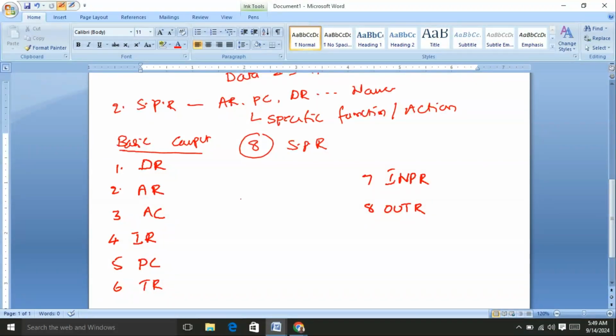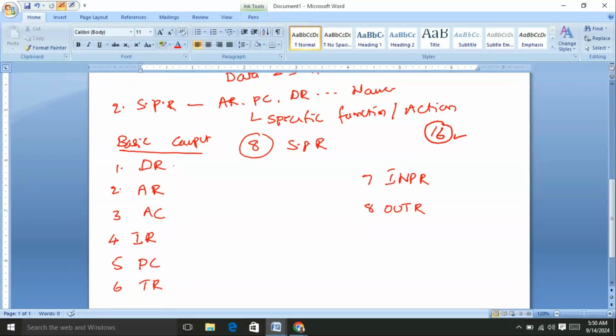Friends, each and every register performs a specific action, and the size or length of the registers are entirely different from each other based on their functionality. Suppose the basic size of the register is 16 bits, as we already discussed in our previous video.